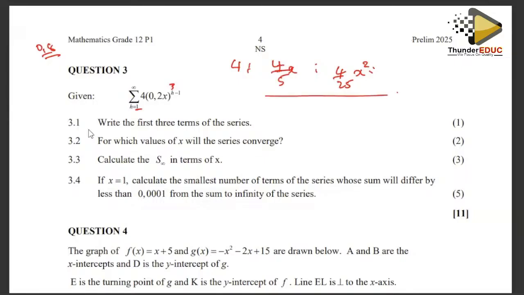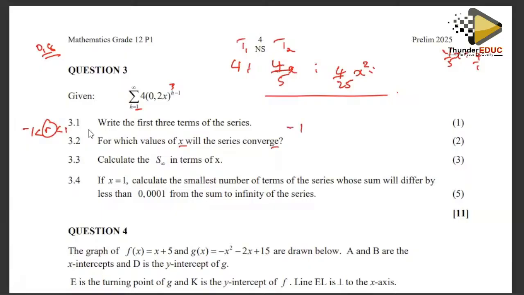Then for which values of x will the series converge? Now for convergence, we know that negative 1 is less than r is less than 1. Only thing we need to get is our common ratio. So this is T2, this is T1, so divide the 2. So 4 over 5x, we're dividing it by 4, meaning that my common ratio is 1 over 5x.